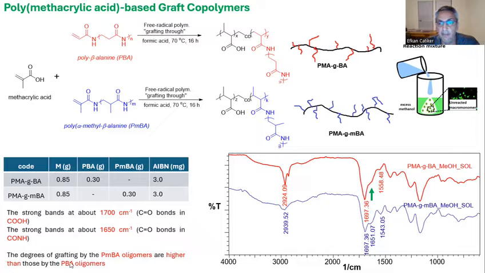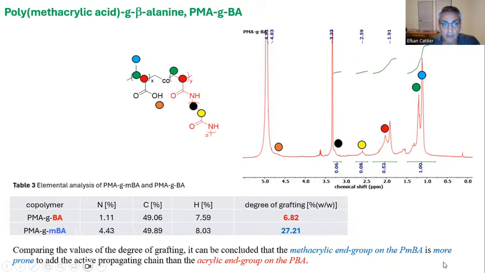So we can predict again that methyl beta-alanine grafting is quantitatively higher than the beta-alanine grafting. So the elemental analysis proved this prediction, as shown by mass.